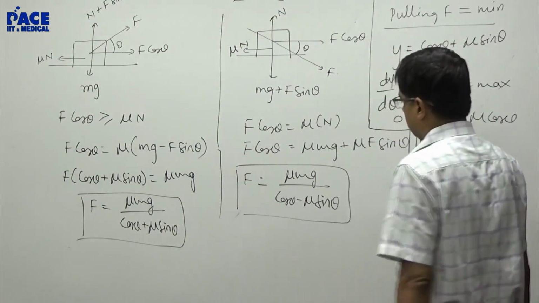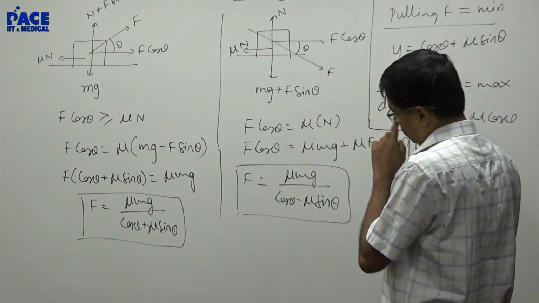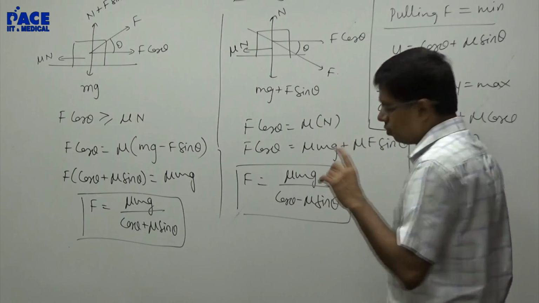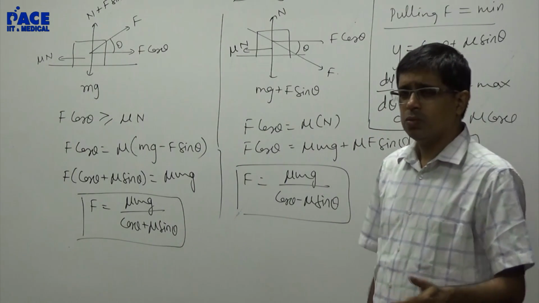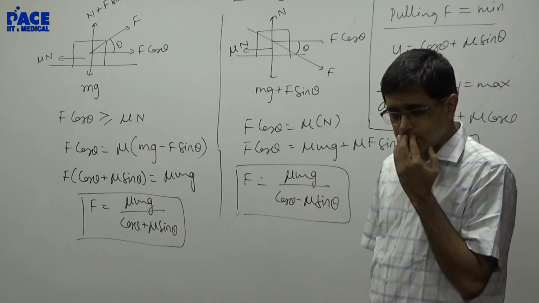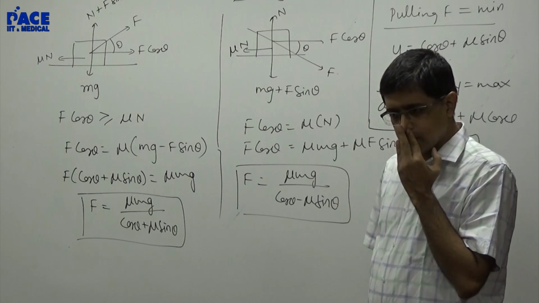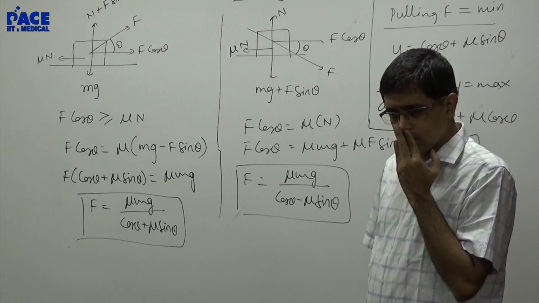Sir, 1 under root 1 plus mu square. So what is the exact difference then? Because the numerator is remaining constant.